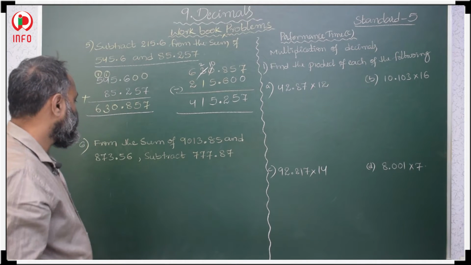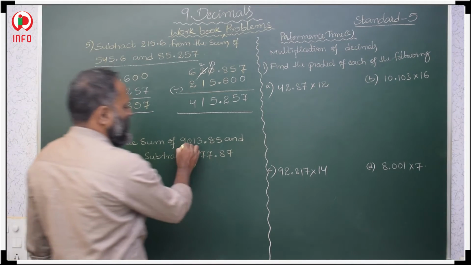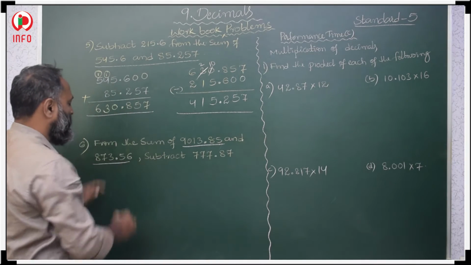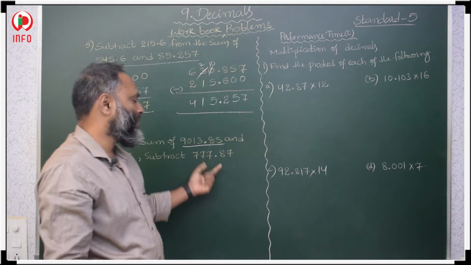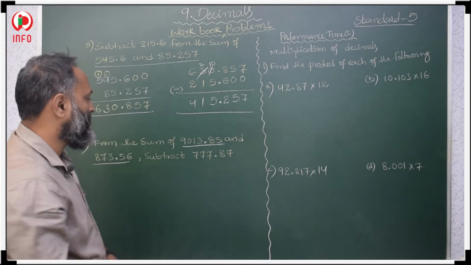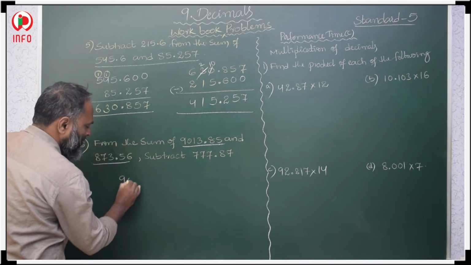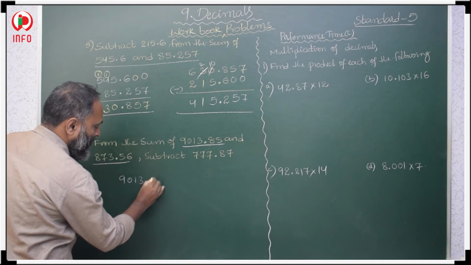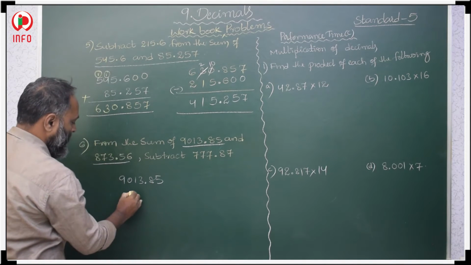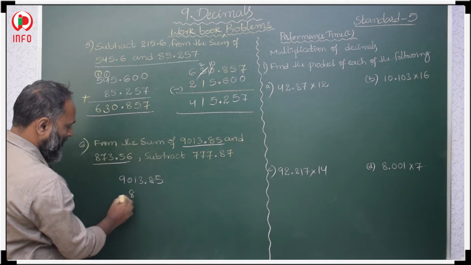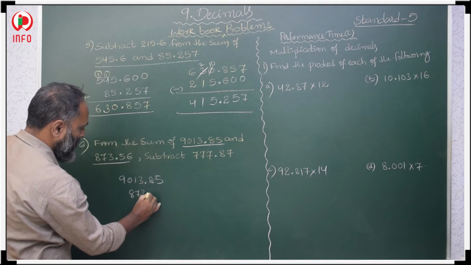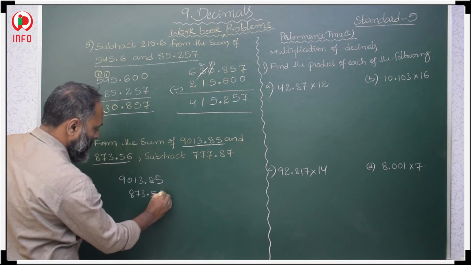Here also, from the sum of these two we should subtract this one. So first we should find the sum of 9013.85 and 873.56.